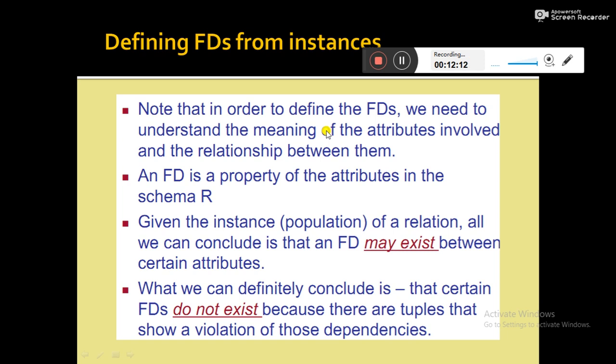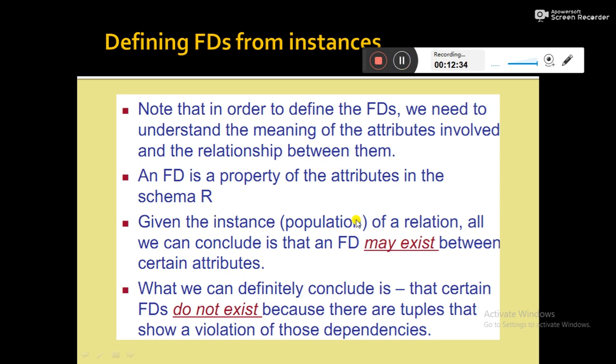Based on that, we can define our functional dependency. For example, in the real world, every employee has a unique SSN. So, in the employee relation, employee name should be dependent on SSN.